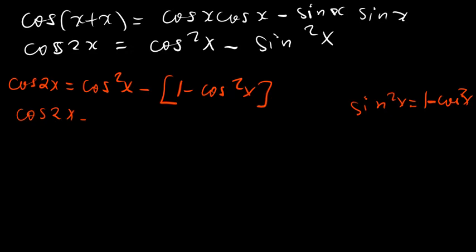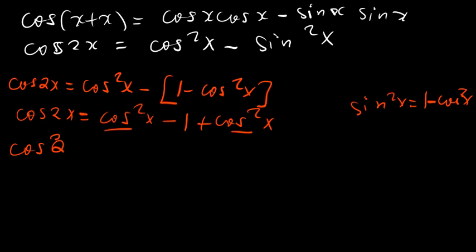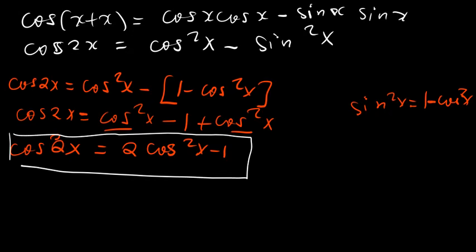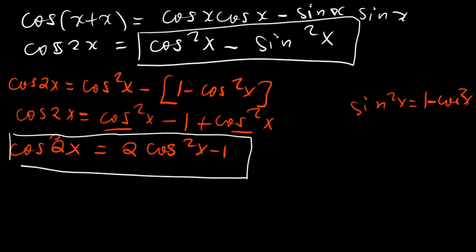Cos 2x will be equal to cos squared x minus 1. Now negative and negative will be plus cos squared x. This and this, they are the same. It will give me 2. So cos 2x will be equal to cos squared x plus cos squared x is 2 cos squared x minus 1. So this is another identity that we should know. So cos 2x can also be replaced by, this is the first identity, and this is now the second identity.